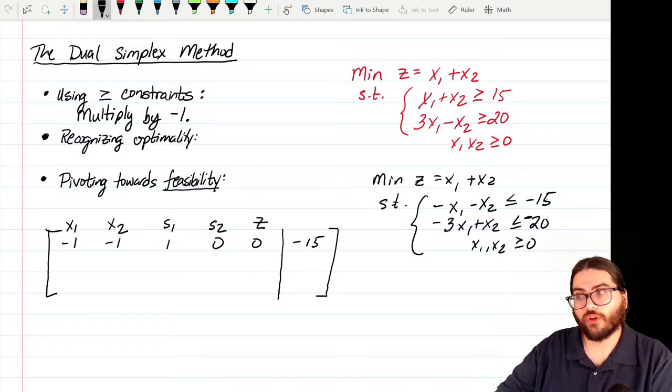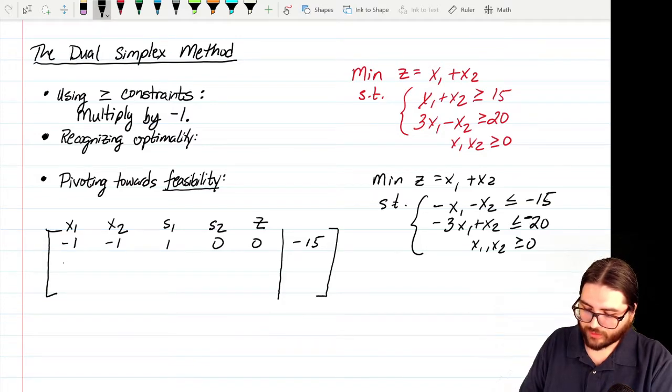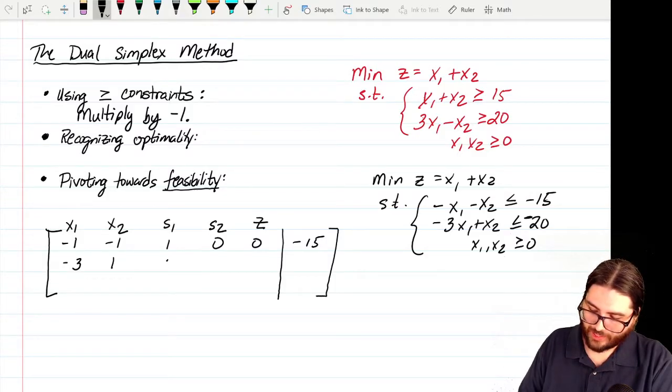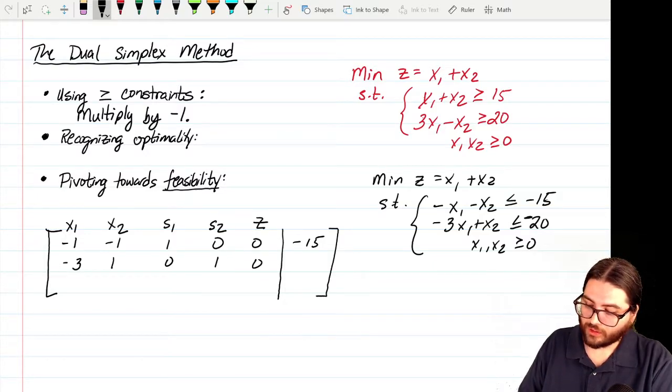I'll add the slack variable and I'll just put it into the simplex matrix. Same thing for the second inequality, -3x1 plus 1x2, that's a positive number. Add a second slack variable, which can be different from the first, is less than or equal to -20.